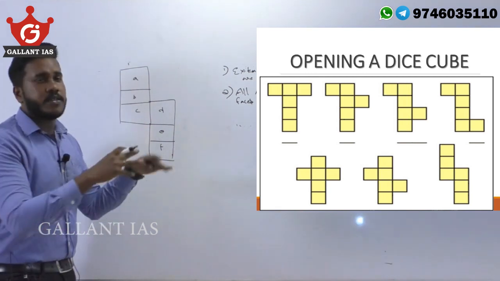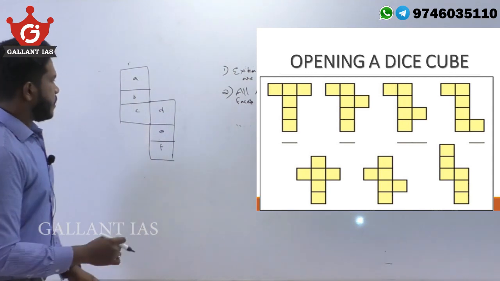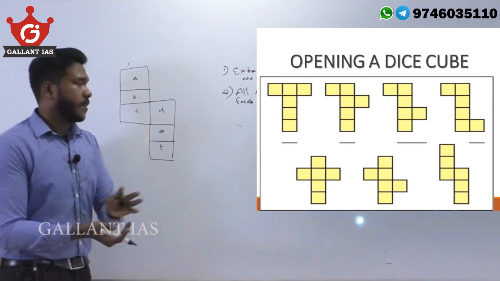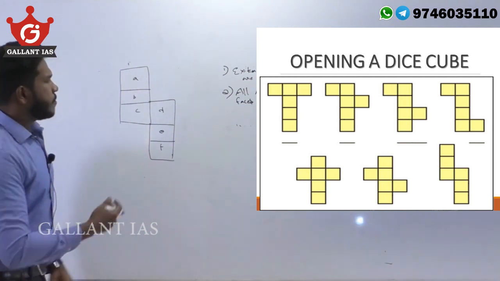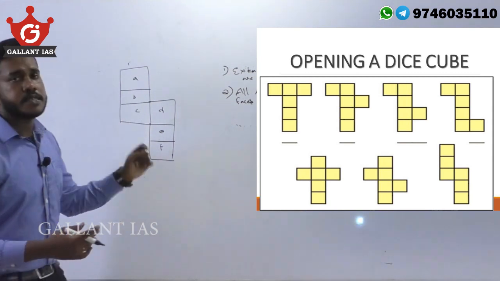That is, we can't find the four central faces over here. So how will we find the three pairs of opposite faces from this format?